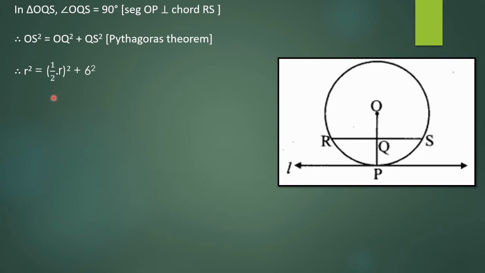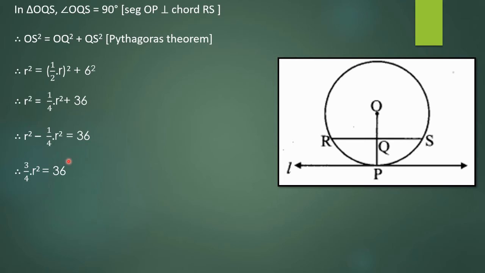We'll simplify this now. So this becomes R square, and the square of half is 1 by 4, that's 1/4 into R square, plus the square of 6, which is 36. So we take this 1/4 R square to the other side. It becomes R square minus 1/4 R square. Simplifying, we get 3/4 R square equal to 36.